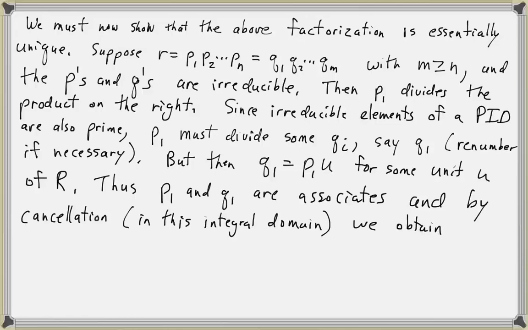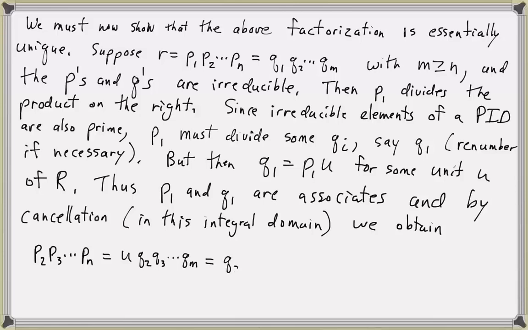We obtain the following equation. So now we'll have P2, P3 up to Pn. This would equal the unit U times Q2, Q3 up to Qm. And then I'm going to absorb this unit U in with the factor Q2 and just relabel these irreducible elements.